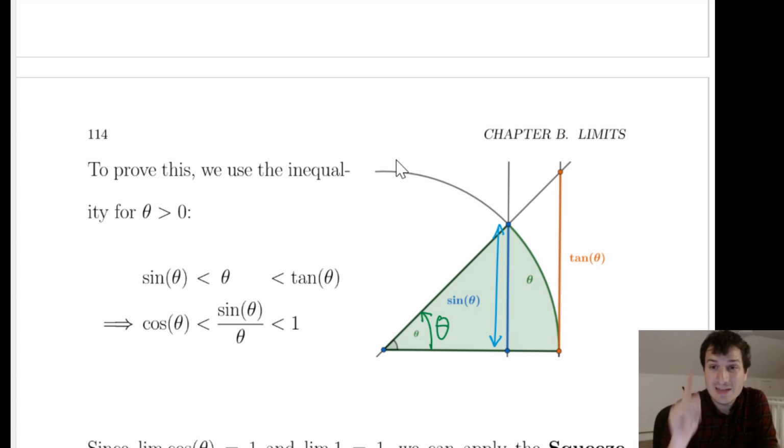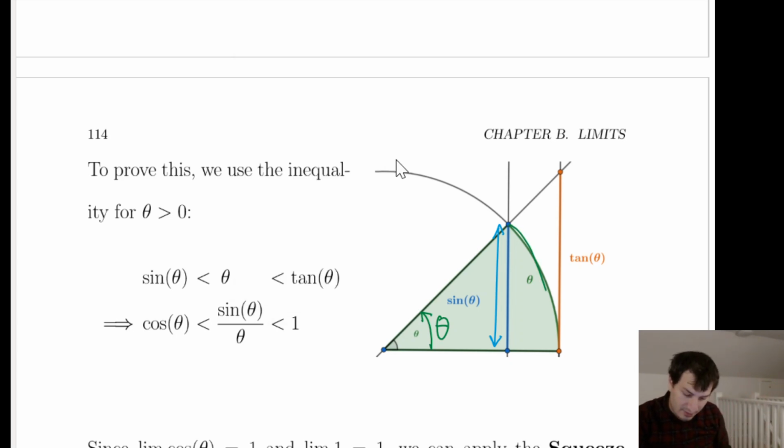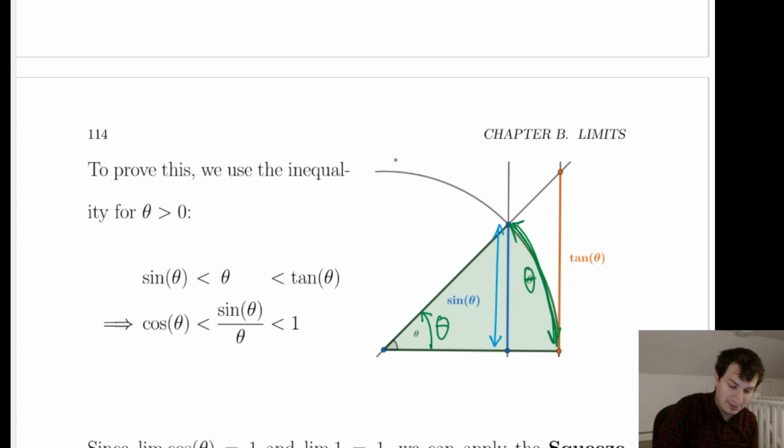If you remember the definition of radians, the angle theta means that the length of this curve is also theta. You can see it visually from the picture. If the height is this vertical component, this blue length, and the curvy part is length theta, then definitely sine of theta has to be less than theta.